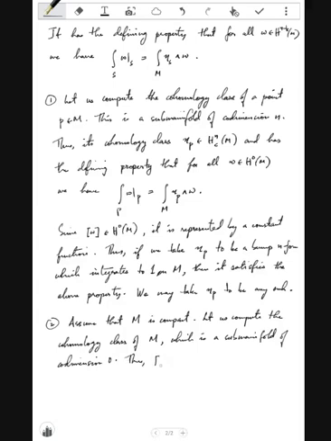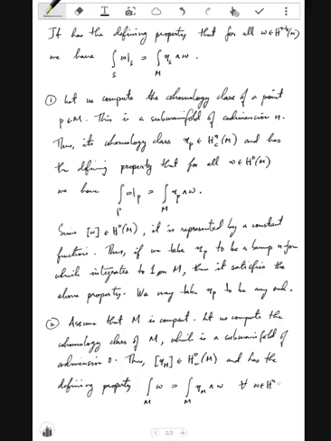Thus, in this case, the cohomology class eta_M is going to be an element of H^0_c(M) and has the defining property that the integral over M of omega is equal to the integral over M of eta_M wedge omega for all omega in H^n(M).